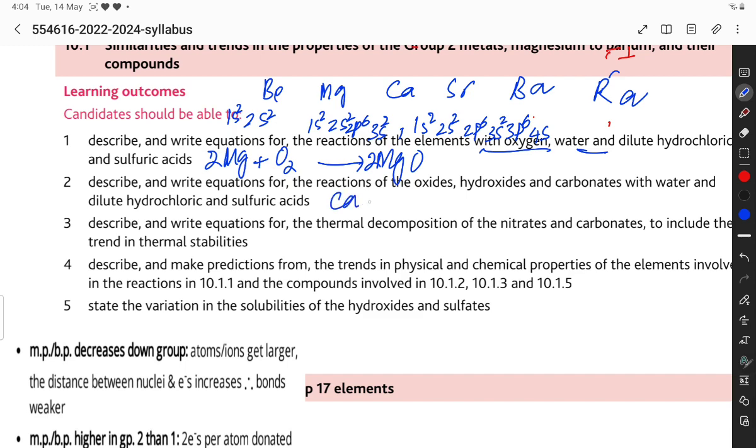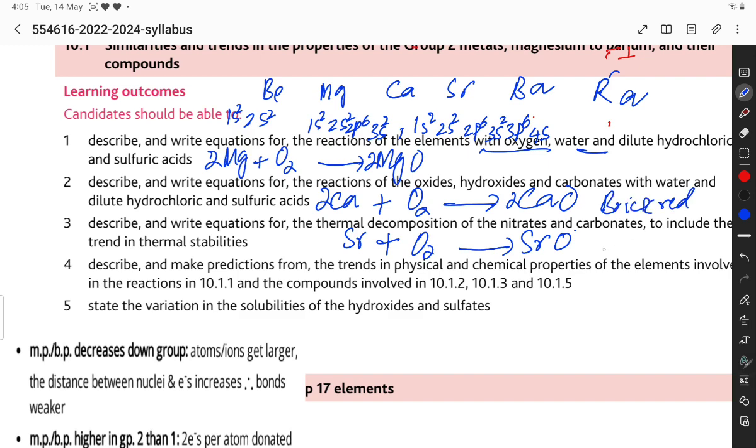Calcium reacts with oxygen to form calcium oxide with a brick red flame, and strontium reacts with oxygen to form strontium oxide, burning with a bright red crimson flame.